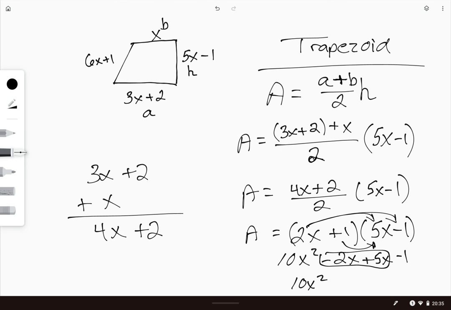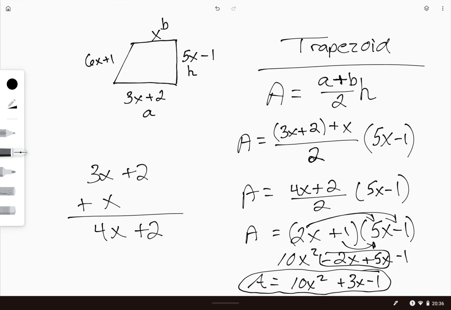So 10x squared, negative 2x plus 5x is going to be plus 3x, minus 1. So my area would be expressed for this trapezoid as 10x squared plus 3x minus 1. And that is the way to express it since we do not know a value for the variable x.